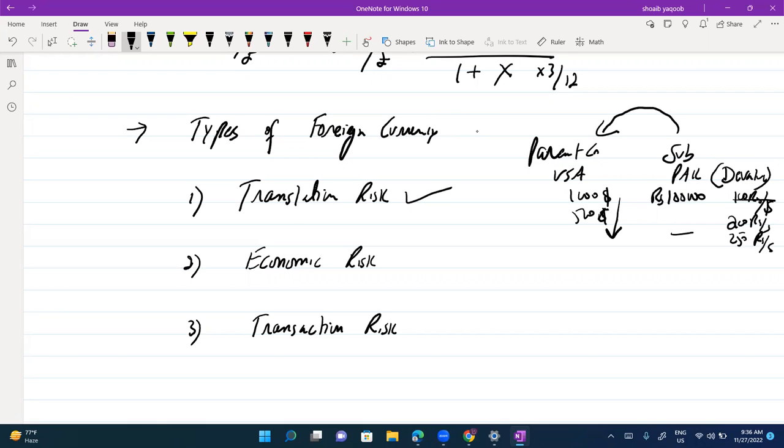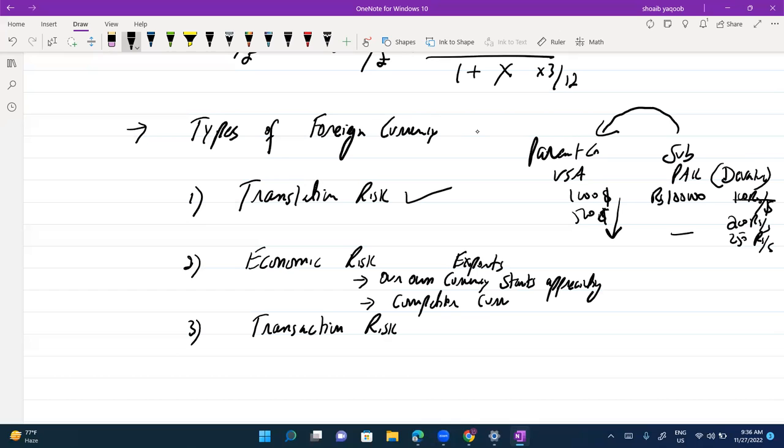So दो बातें. In case of exports, if our own currency starts appreciating, if competitor currency starts depreciating, in both of the cases you will face loss.